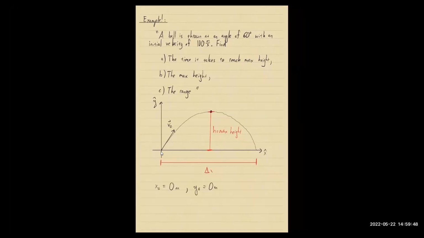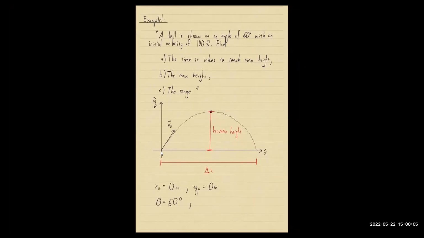Right? And next up, it says that the ball is thrown at an angle of 60 degrees. So here theta is going to be 60 degrees. And it's thrown with a velocity of 100 meters per second at this angle of 60 degrees.